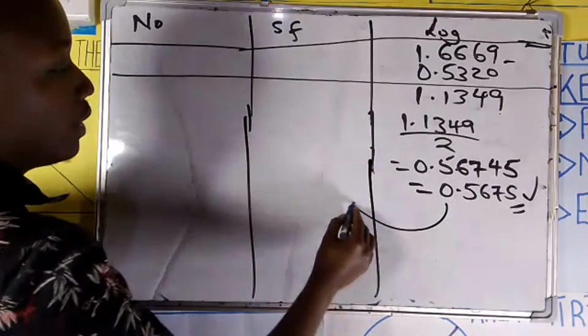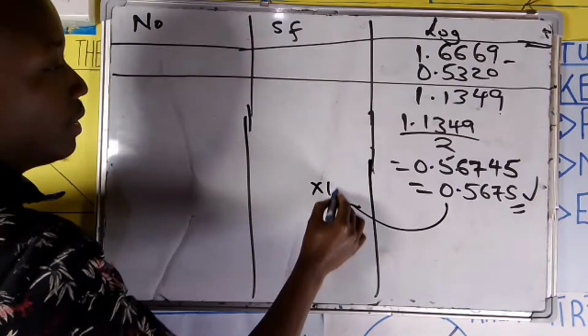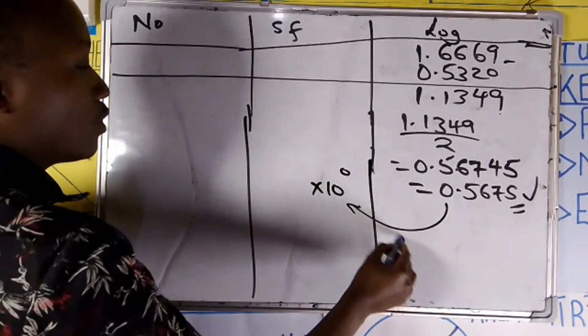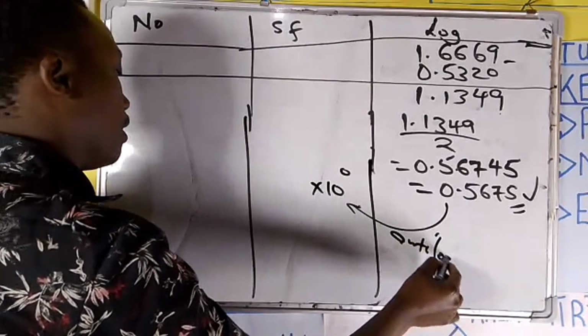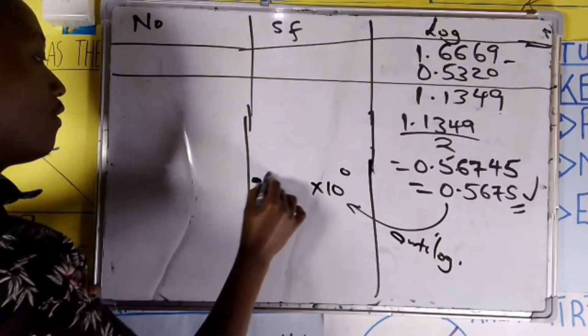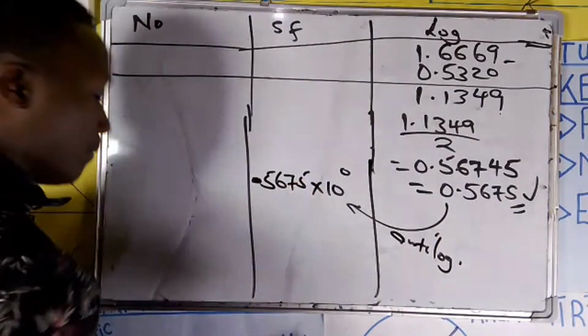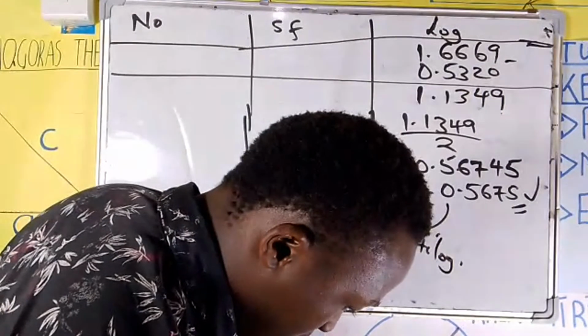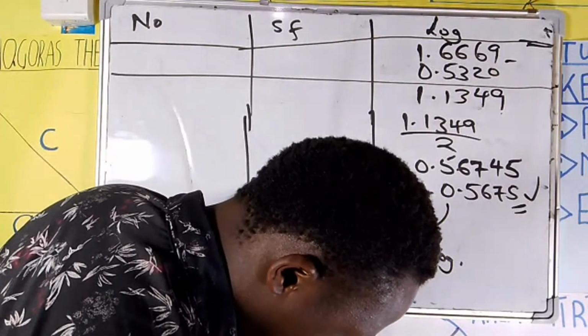So this one, we now take it this side. It will be times 10 to power 0, so that we can find the antilog. So we will determine the antilog of 0.5675.